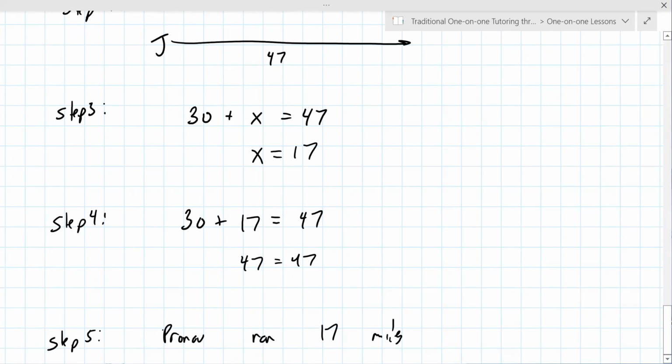All right. Let me look back at our previous notes just to see if there's anything else you've been working on. Let's see here.